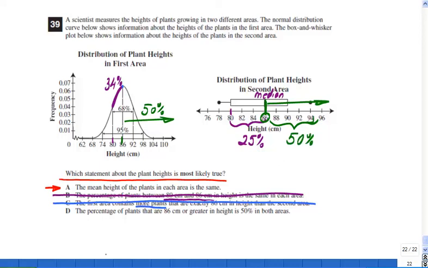Will represent 50%. Well, that means I'm done because D is the statement most likely true for the given data. The percentage of plants that are 86 centimeters or greater in height is about 50% in both areas. And we're done. Okay, thank you.